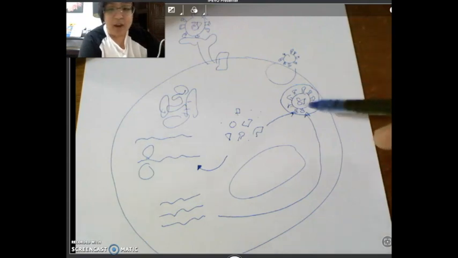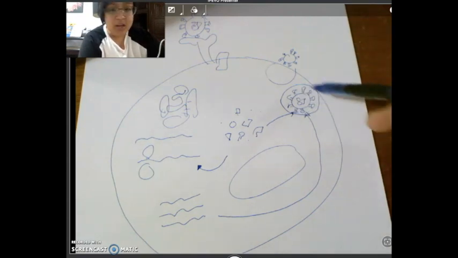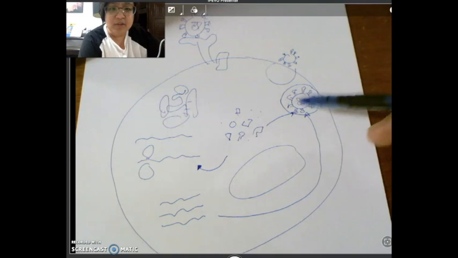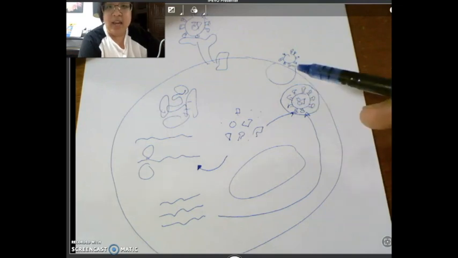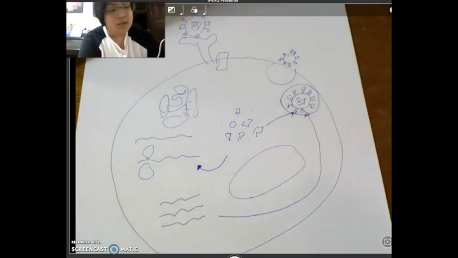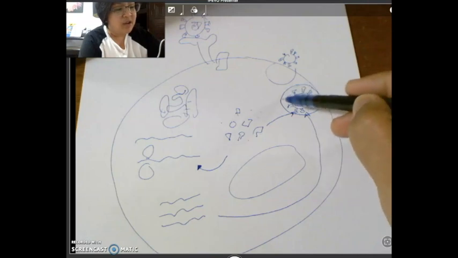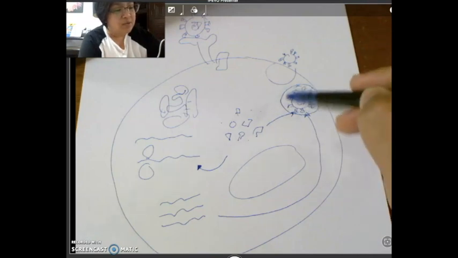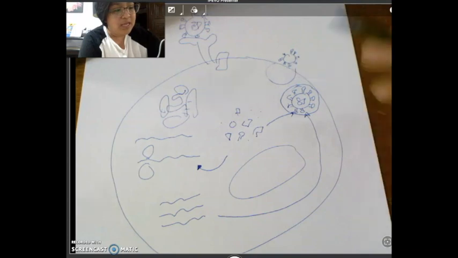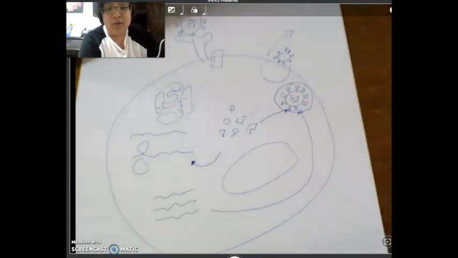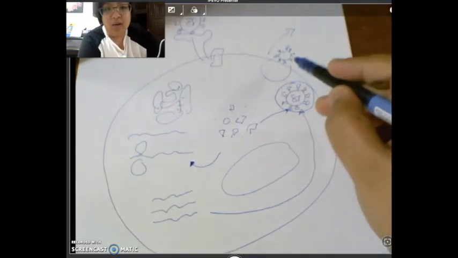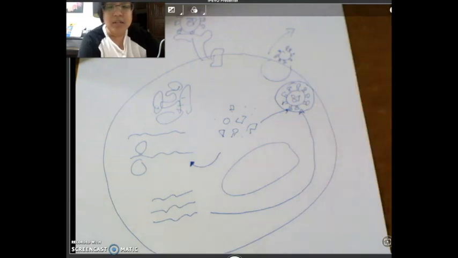Now this virus, because it's coated with different kinds of proteins, the cell thinks that this virus is something that it made, and it's something that your cell needs to release through exocytosis. So it even envelopes it inside a vesicle, ready to be released through exocytosis. And this virus will now go into other neighboring cells and infect them.